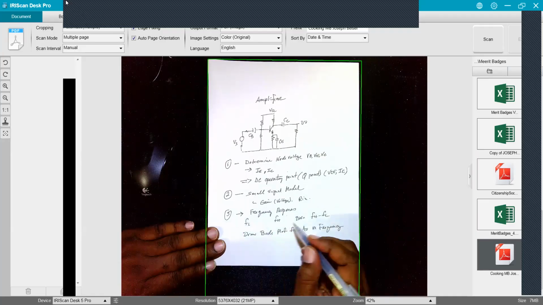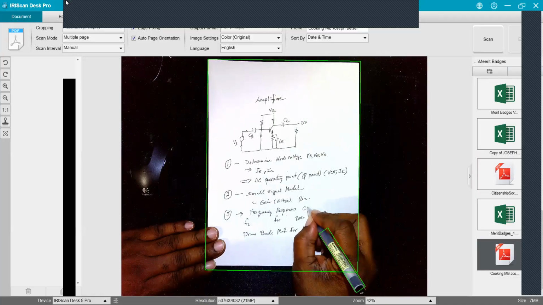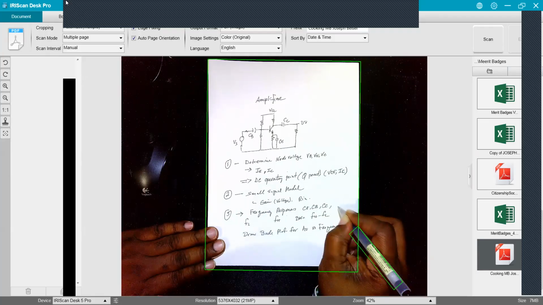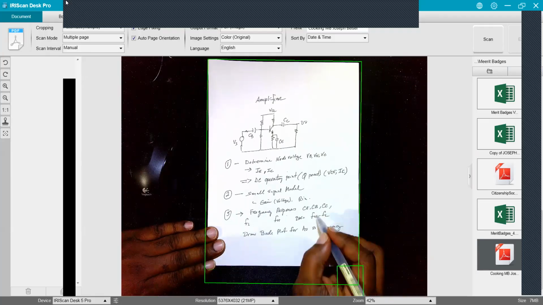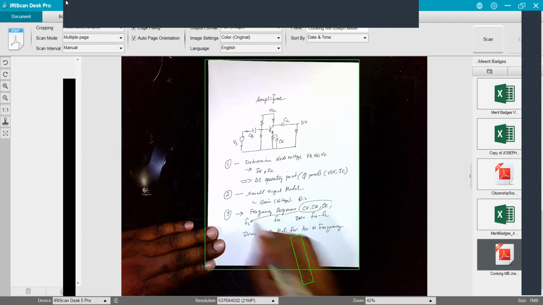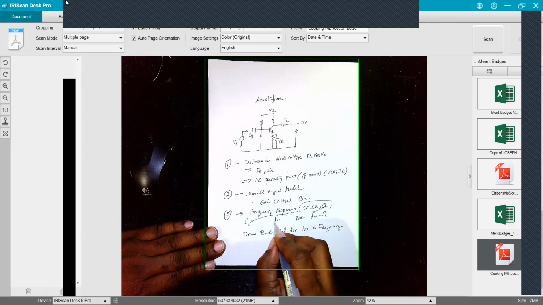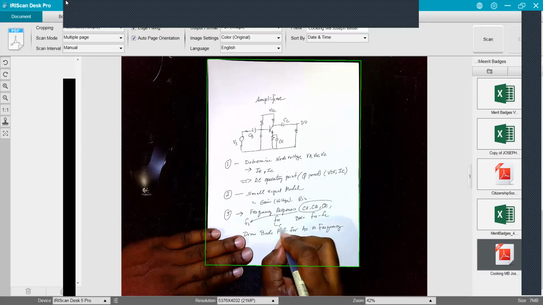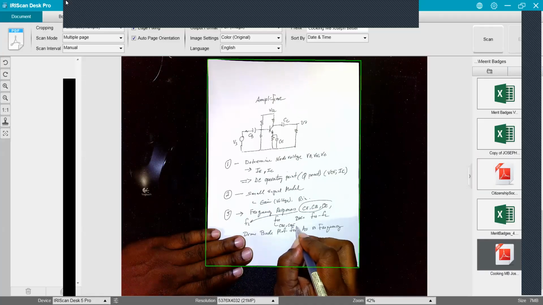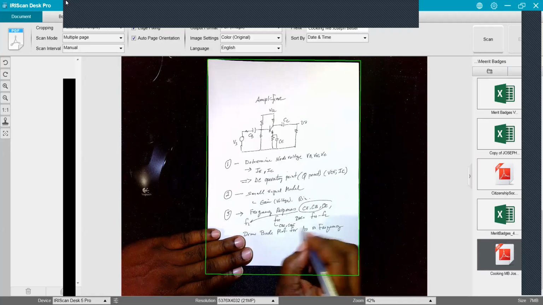Due to our capacitors C sub E, C sub B, C sub C, that gives us our low frequency stuff. Now, high frequency, that's due to C sub BC and C sub BE and anything else.